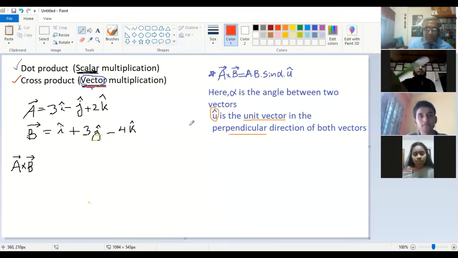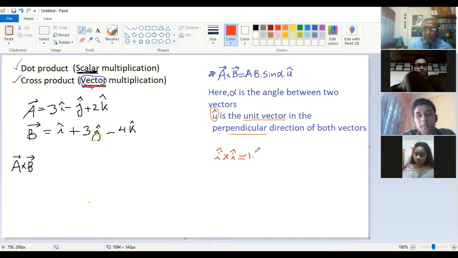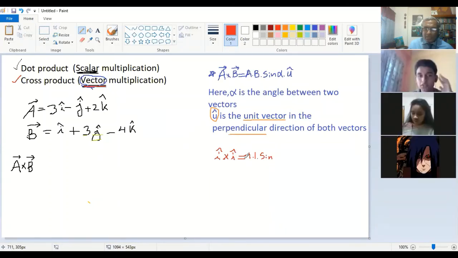If I do this, then on the right side you will write the value of i, 1, the value of another i, 1, and sine 0 degree, because both are the x-axis, the same, so it is 0 degree. And then there will be one vector which will be perpendicular to both.